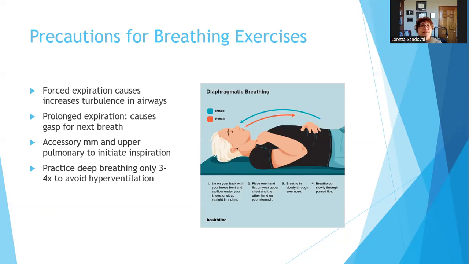So you want to practice deep breathing only 3 to 4 cycles to avoid hyperventilation. So when you're instructing people in breathing techniques, you have them do 3 or 4 cycles and then relax and not try to change their breath because we don't want them to hyperventilate.